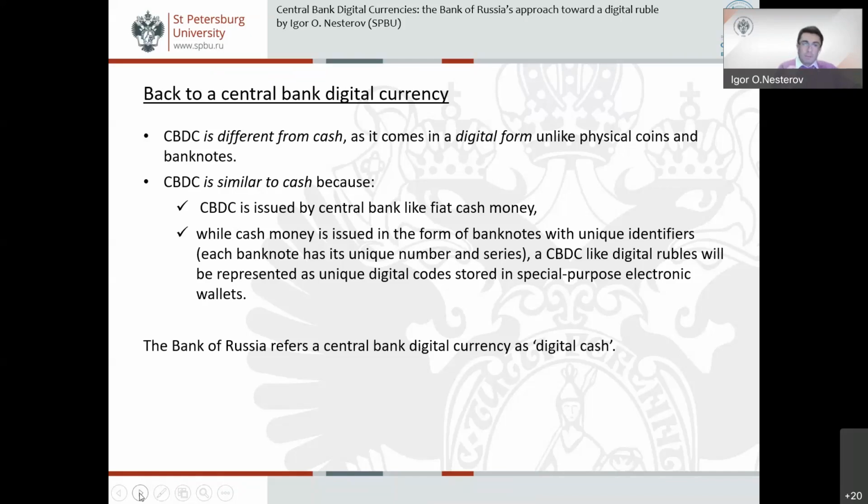So, due to this fact, the Central Bank of Russia, for example, refers to a central bank digital currency as digital cash, because this form of money will be represented as unique digital codes stored in special purpose electronic wallets. So that is about similarities and differences of future central bank digital currencies and cash.